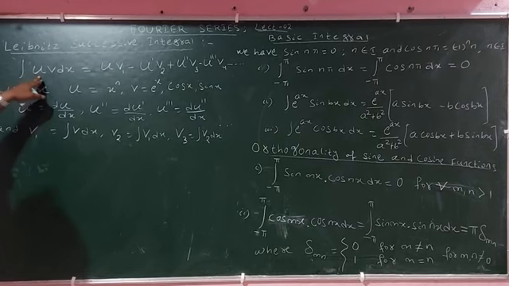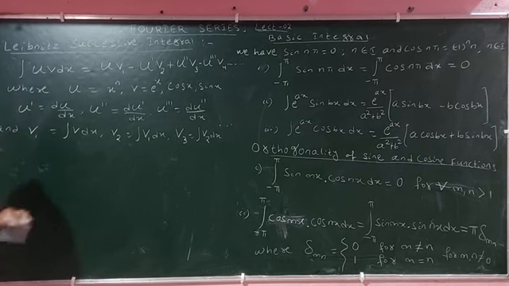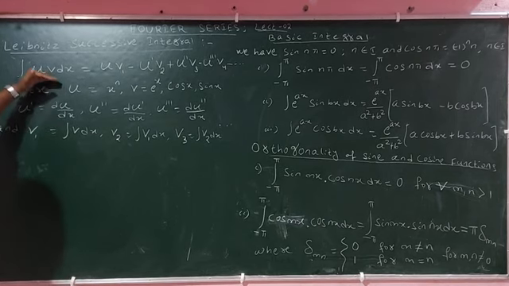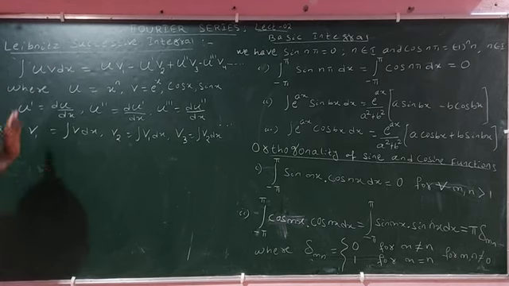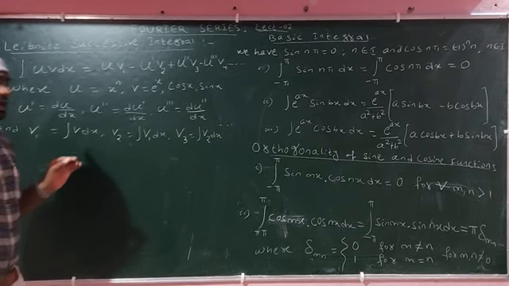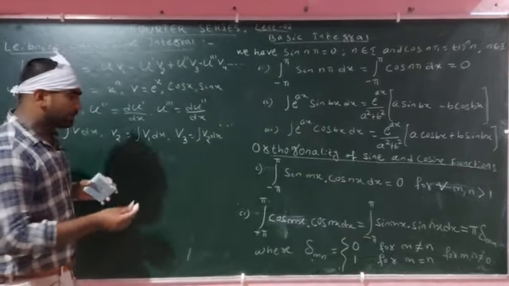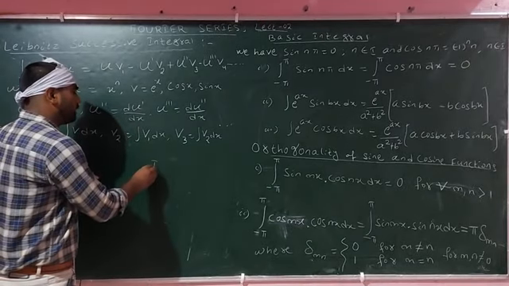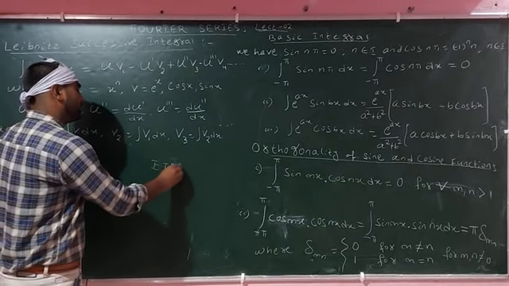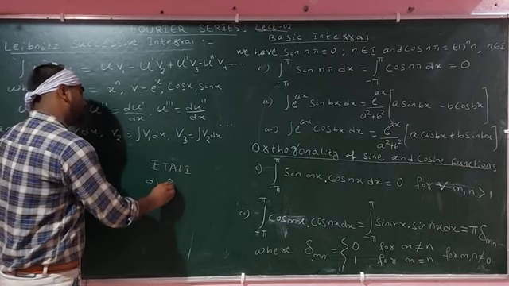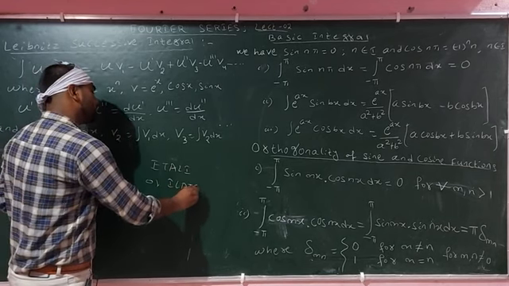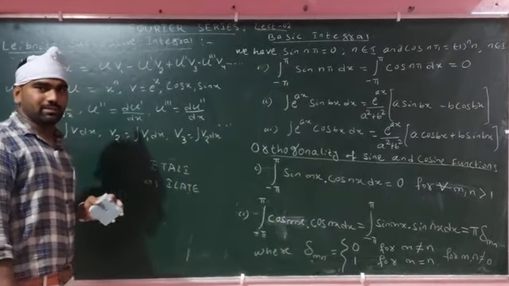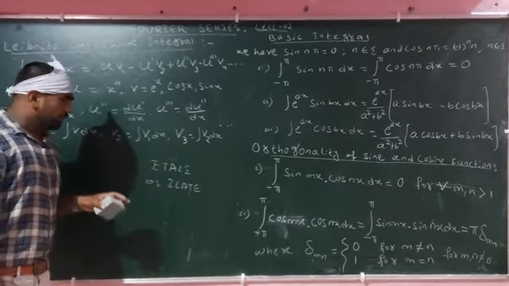Here u is a function and v is a function, and their product uv dx can also be calculated by applying the integration by parts rule.